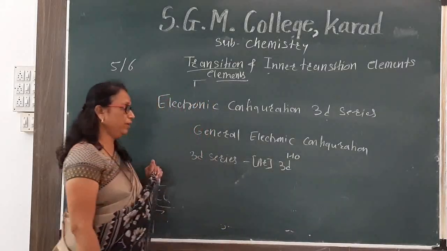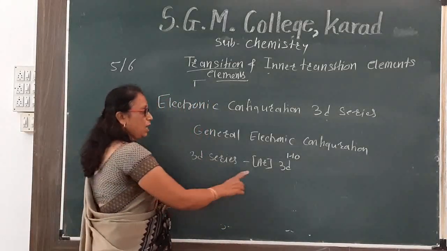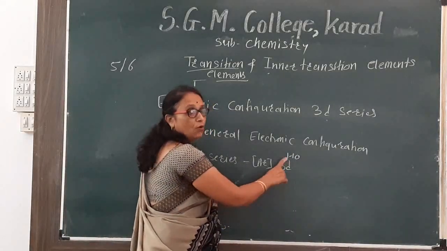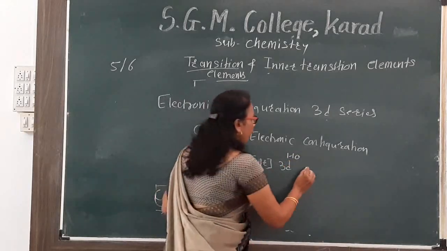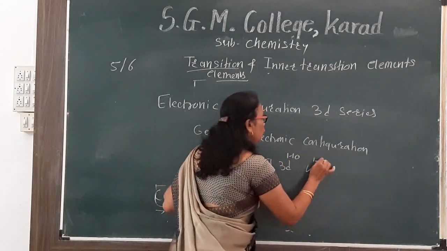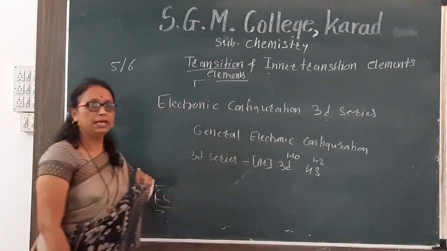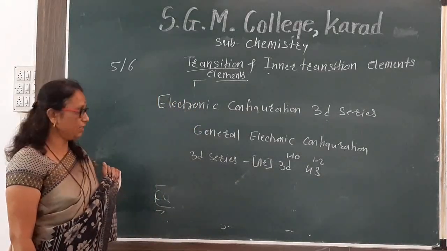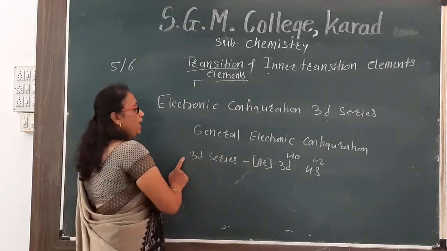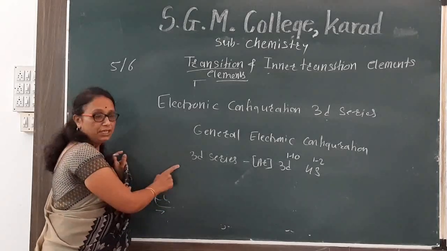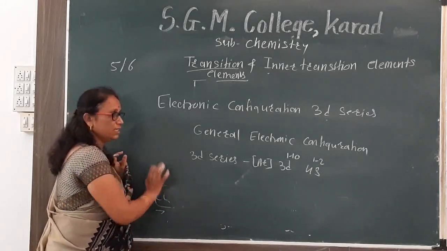In general, the configuration of the 3d series is argon 3d1 to 10 and 4s1 to 2. This question may be asked in CET, JEE or the Maharashtra State Board.